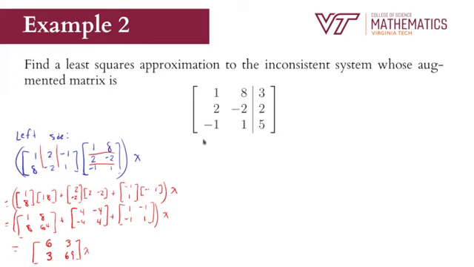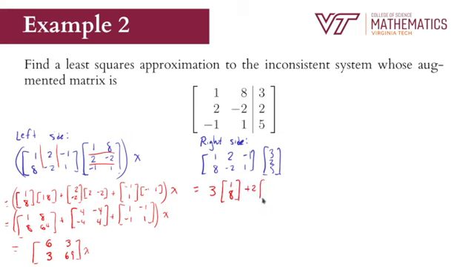All right, on the right side, we multiply A transpose times the right column. So 1, 2, -1, 8, -2, +1 times 3, 2, 5. That's a linear combination. We just multiply this out. The first column gets a weight of 3. The second column gets a weight of 2. And the last column gets a weight of 5.